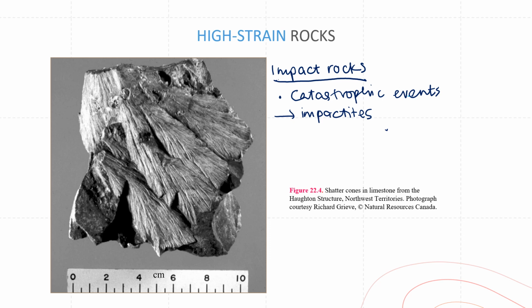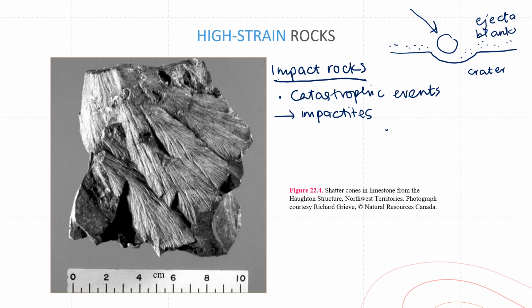So all impactites are breccias, and they have characteristic field settings where you would find an impact crater. So typically you would find an impact crater from the impact. So you have your impact crater, and also because it has ejecta, you would find an ejecta blanket if it's preserved.